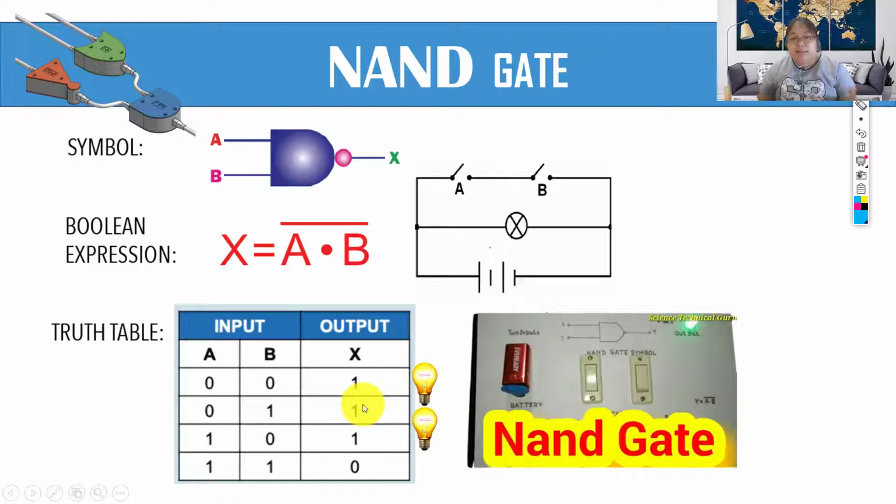Just when both become 1, then you become 0. So this one is an example for the NAND gate circuit. If either switch is on, that means the NAND gate can function. If both are on, that means you cannot function. So this is a NAND gate truth table and also the summaries.